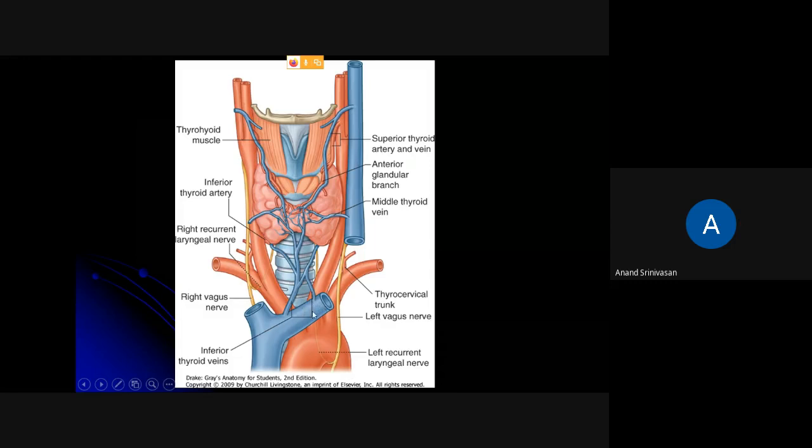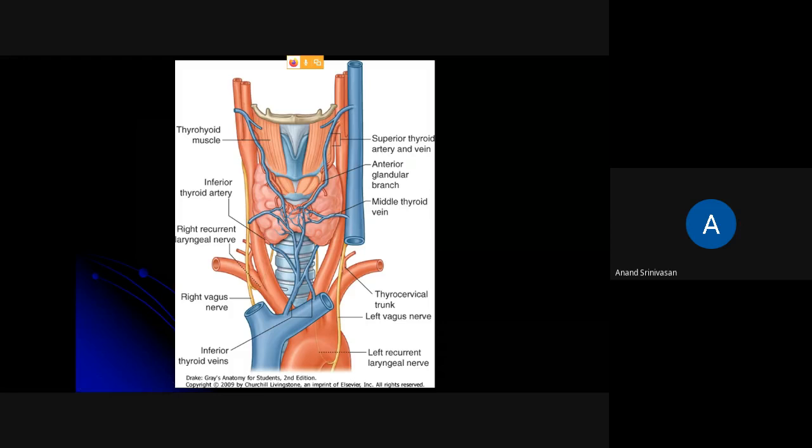You know that the left and right brachiocephalic veins join together to form the superior vena cava. We have seen that in the circulatory system, right? So the inferior thyroid veins join together and drain into the left brachiocephalic vein.